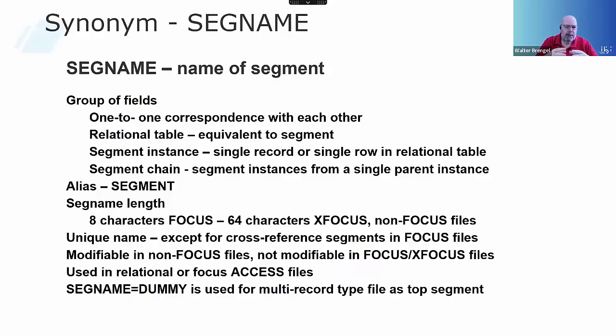And for those of you who have used the product for a while, the reason being is because a focus database, when you have a segment, it creates it as its own page. So in the storage, we can only store 8 characters. For XFocus database and all other non-focus data sources, you're not limited. You have 64 characters. Well, I say you're not limited. You're limited to 64. Each segment should have a unique name.